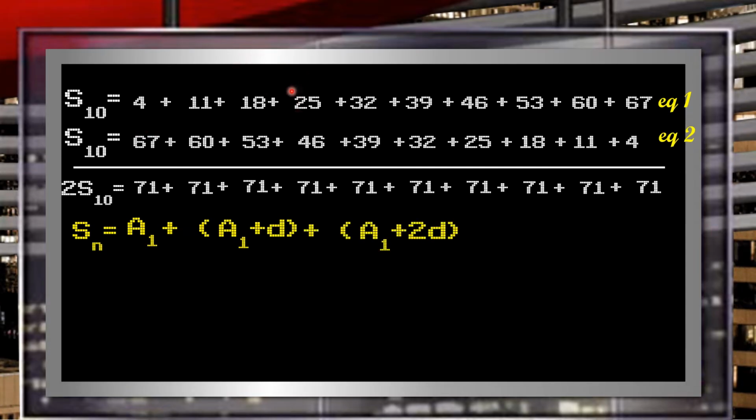How about 25? Diba ang 25 naman ay 4 plus 7 plus 7 plus 7. So, tatlong common difference. Therefore, to get 25, we have A sub 1 plus 3D. And so on. Ganun lang yun. Magpapatuloy lang tayo sa ganoong pattern. Plus, ang ating last term na 67. Yan yung para sa ating equation 1.